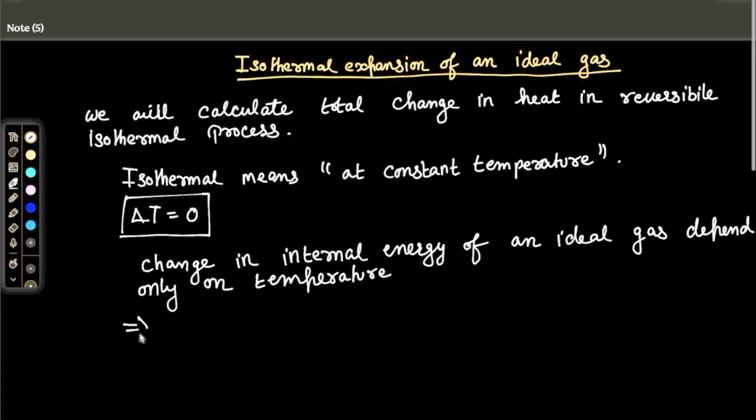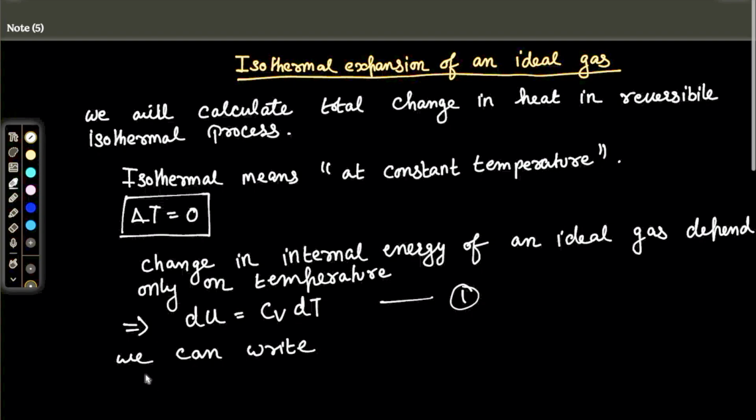Now, the relation we know is that dU, where U indicates internal energy and dU means change in internal energy, is proportional to Cv times dT. So if in an isothermal process the change in temperature is 0, we can write that throughout the process the change in internal energy is 0. So delta U equals 0 for an isothermal process.